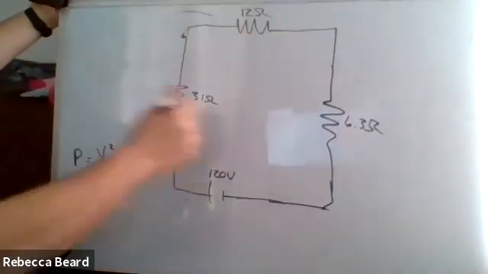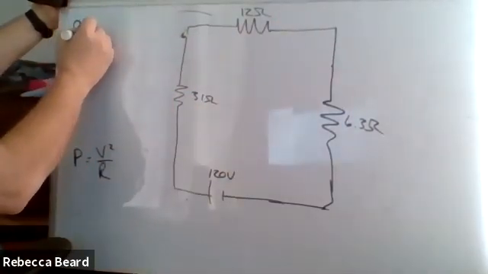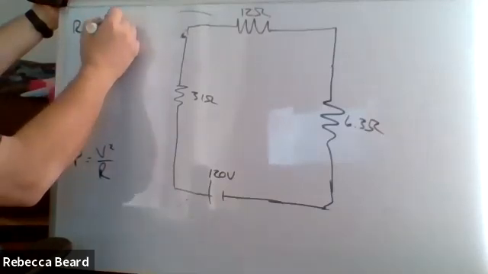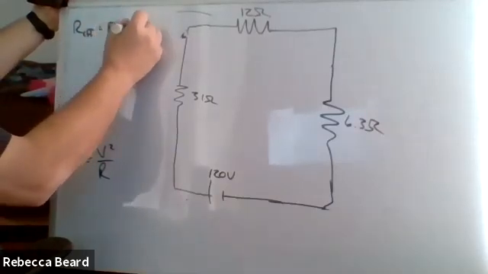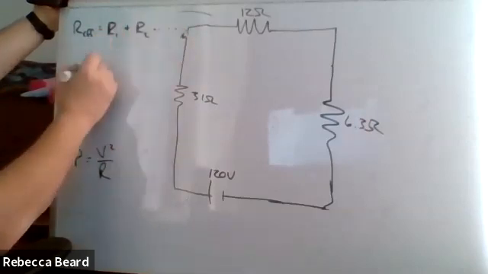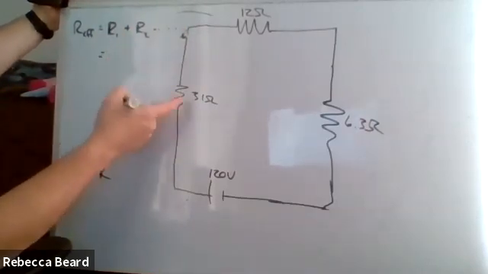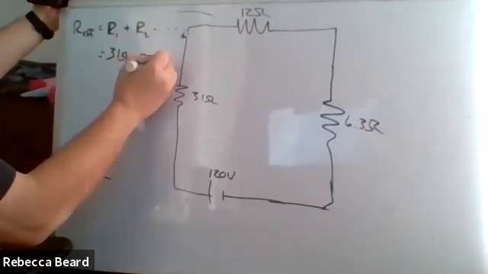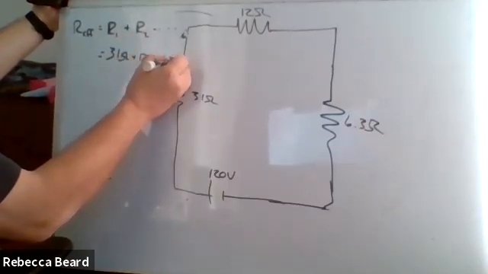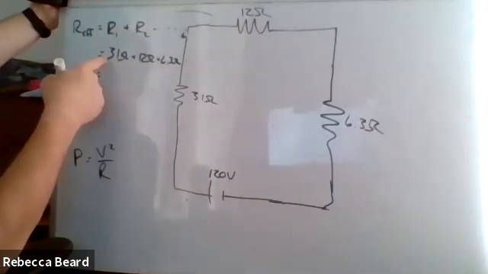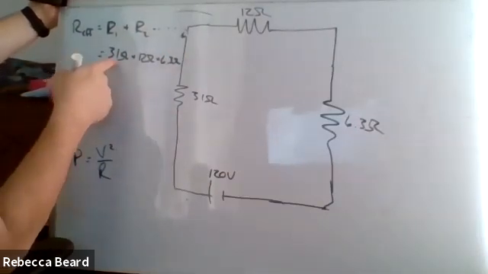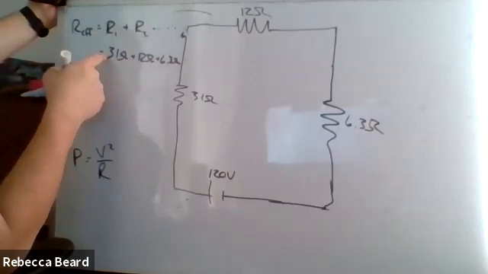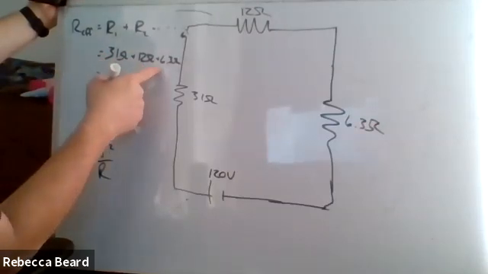Awesome. We now have a nice series circuit. I know you probably don't need me to do this, but I'm going to write the equation out anyway, just so that you remember. So that is going to be 31 ohms plus 12 ohms plus 6.3 ohms, which is going to equal 31 and 12 is 43, 49.